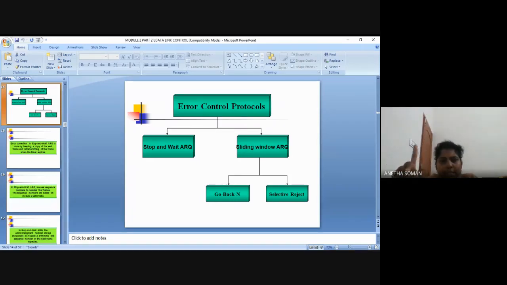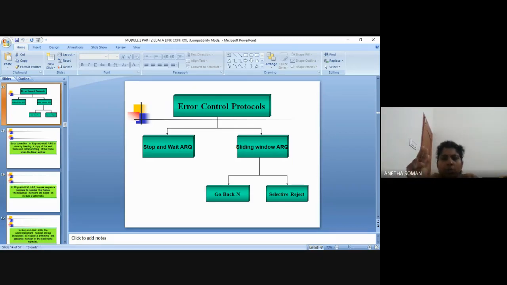So the first thing required is to put a sequence number in all the frames. The second thing is that the sequence number is based on modulo 2 arithmetic. Modulo 2 arithmetic means the arithmetic is done digit by digit on binary numbers, bit by bit.